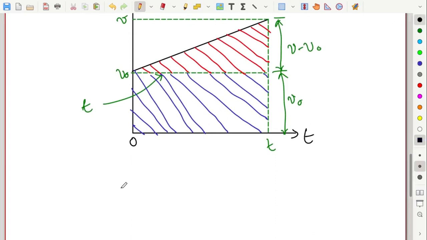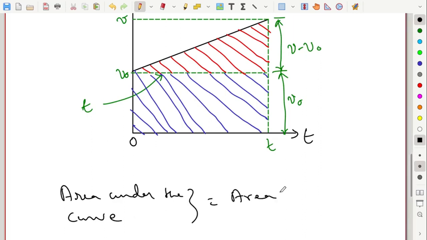So the area under the curve is nothing but the area of the triangle. Let me name this triangle so that it is easy.